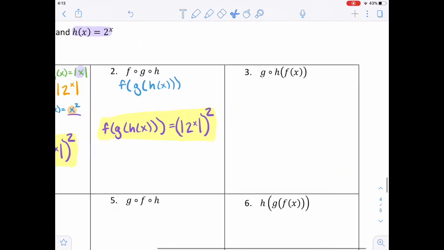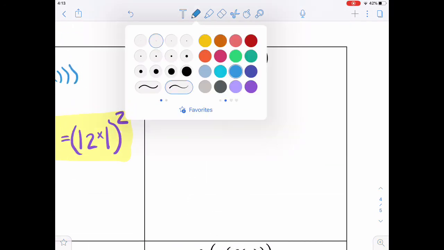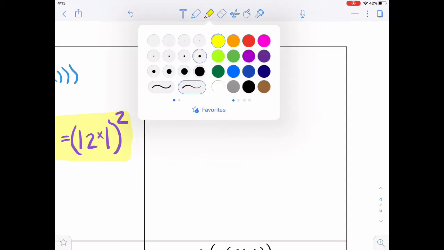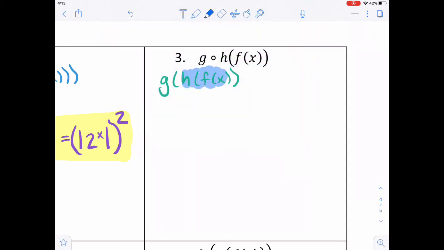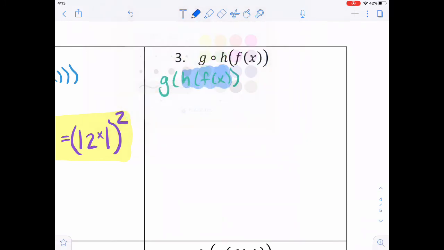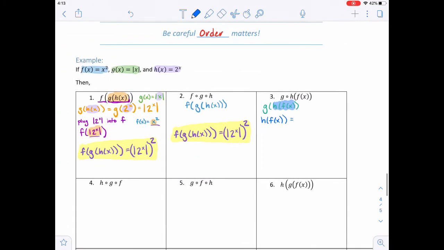Okay, let's look at our next one. So for this one, we have sort of a mix of those two notations, which is fine. We have g of h of f of x. Gonna work from the inside out. So that means we're gonna do this guy first. So we need to find h of f of x. So that means we are plugging f into h.